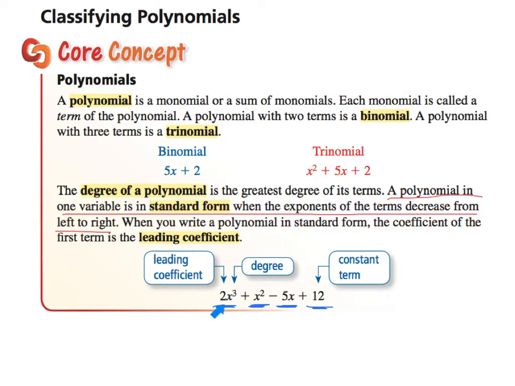The leading coefficient is 2. The constant term is the number at the end. What I look at is this, standard form. The highest exponent here is 3. Then it's 2. Then it's 1. Then it's 0. Looking at each of these exponents, 3, 2, 1, 0. These are the degrees. So that's the order from highest to lowest.